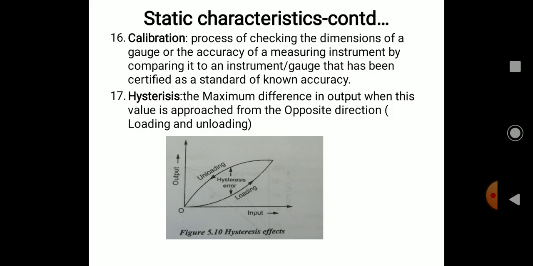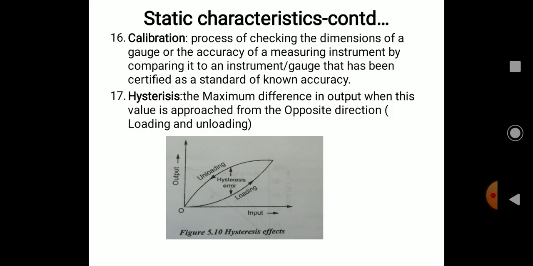Suppose in our metrology lab we are using gauge blocks as the standard, then we are calibrating micrometer, vernier, dial indicator, etc. We are checking the accuracy of the micrometer, vernier and dial indicator against a certified standard, that is calibrated gauge blocks. That process is called calibration.